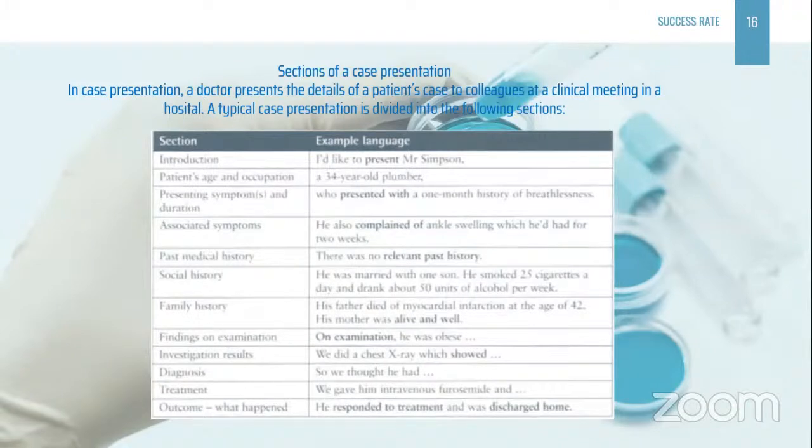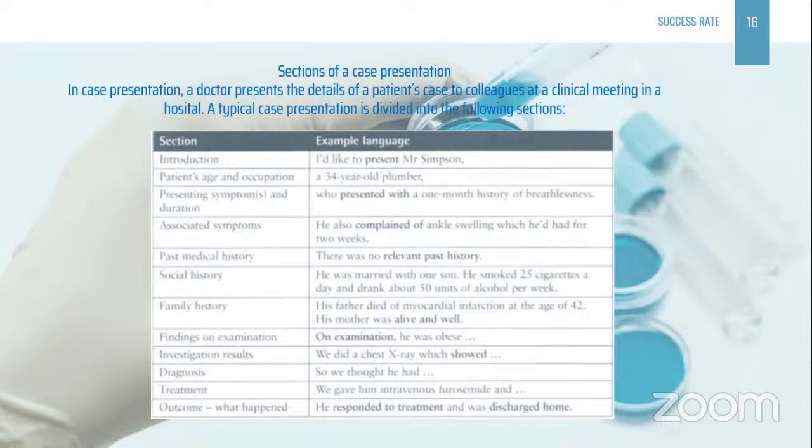Introduction, example language: I'd like to present Mr. Simpson. Patient's age and occupation: 34 years old, plumber. Presenting symptoms and duration: who presented with a 1 month history of restlessness. Associated symptoms: he also complained of ankle swelling, which he had for 2 weeks.